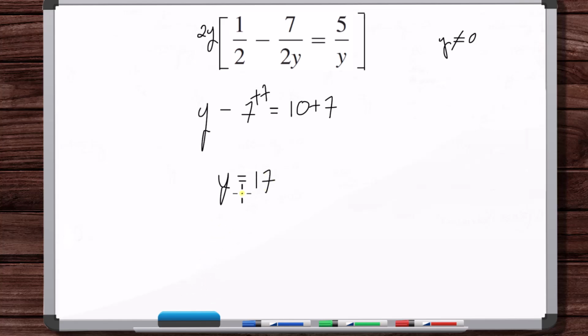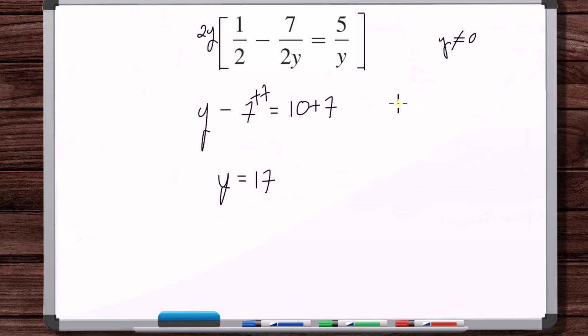Now with a linear equation like those we worked in the previous video, if you didn't make any math errors, this was the solution and you're done. It's good practice to check your answers, but technically, if you didn't make any math errors, you're done. In this case, no, you have to check. This might not be a solution.